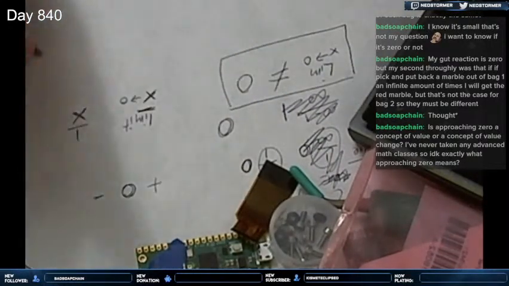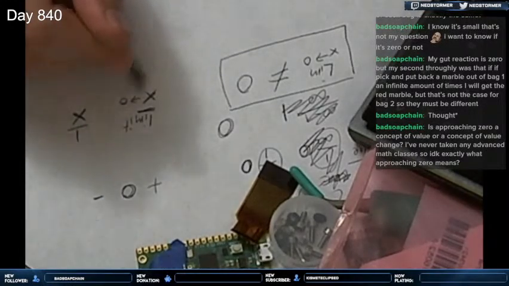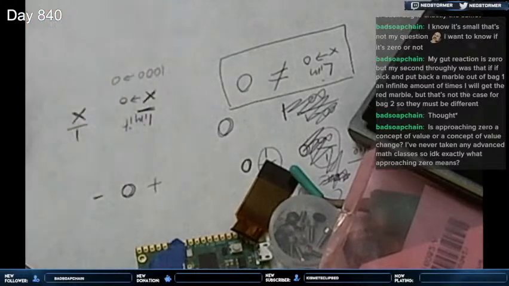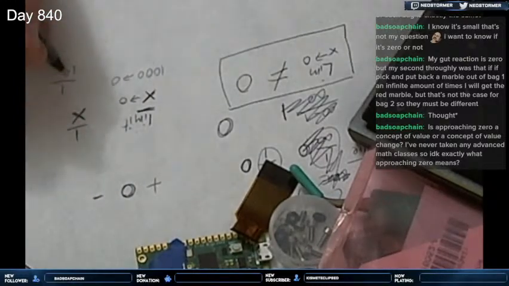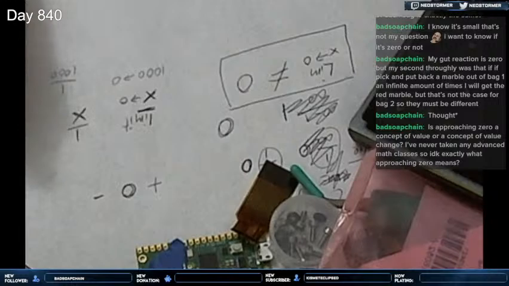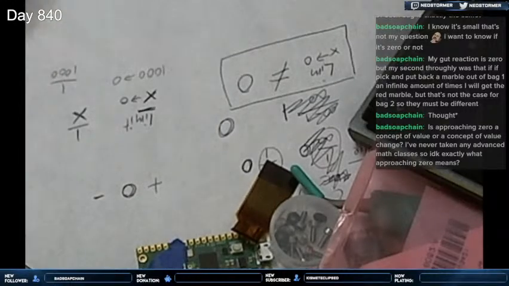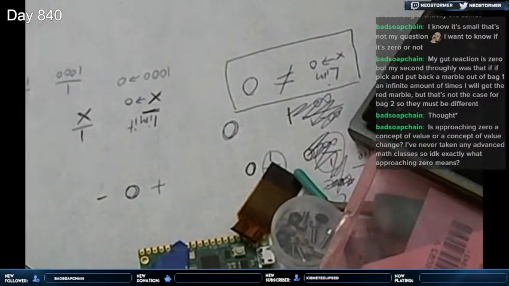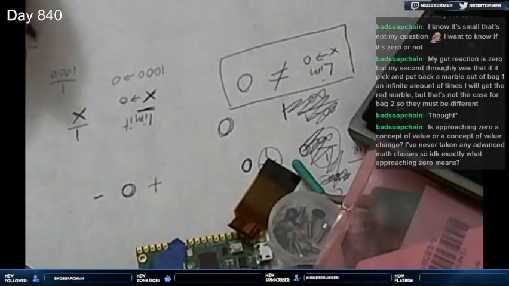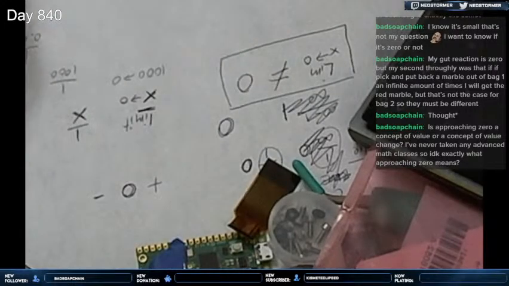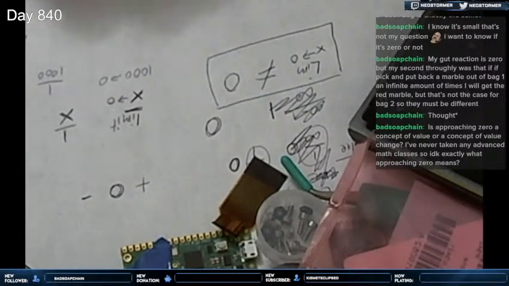So if I say I'm going to start with a very high number like 1,000, I approach 0. That means I have 1 over 1,000, then 1 over 100, 1 over 10. This number, as it goes through, means that the closer I get to 0, so 0.00001, the higher this number becomes.